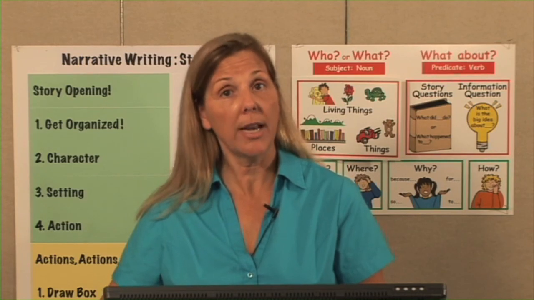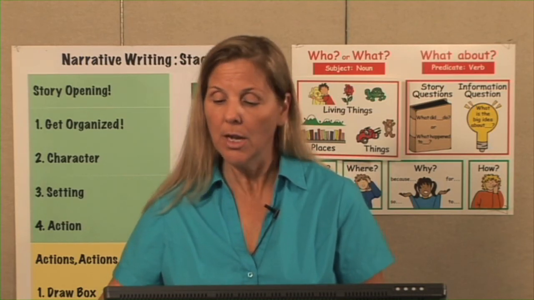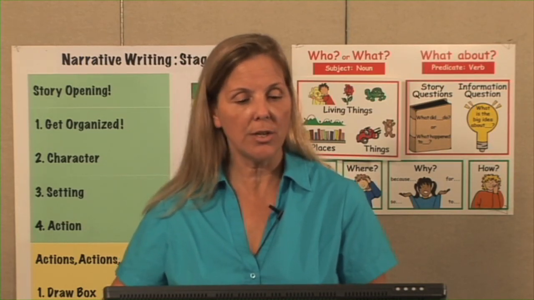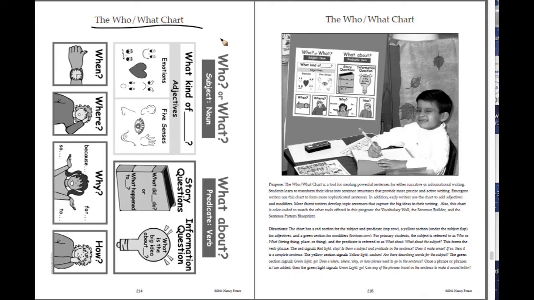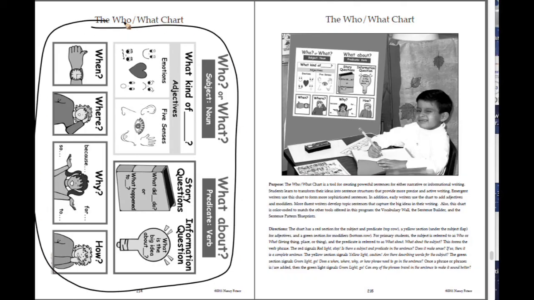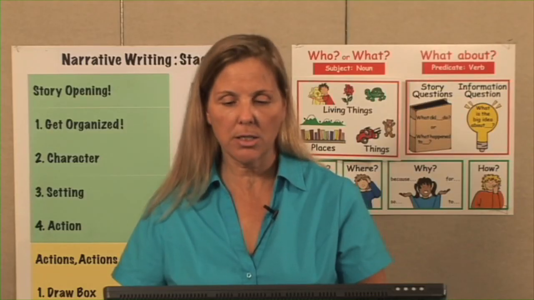Before I go on to the next section of this sentences chapter, let's just review all the pages that deal with the who what chart. On page 214, you have the who what chart, where you'll see the adjectives box, you'll see the predicate box, and all the modifiers. The preceding page showed the flap, the noun box.